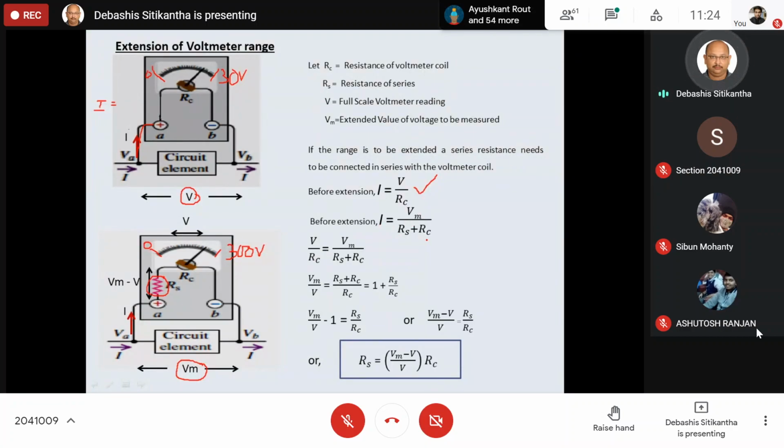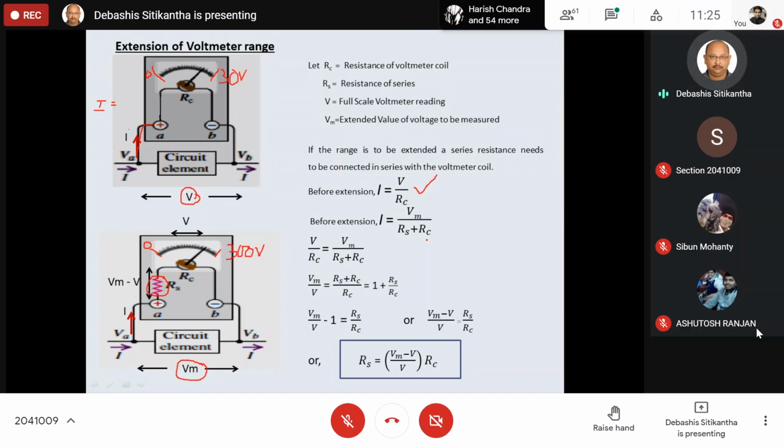But remember, in both the cases the current needs to be the same. Why? Because we have already designed the voltmeter coil in such a way that it can handle only a certain value of current. Therefore, whether we modify it or keep it in the original condition, in both cases the current rating is unaltered.